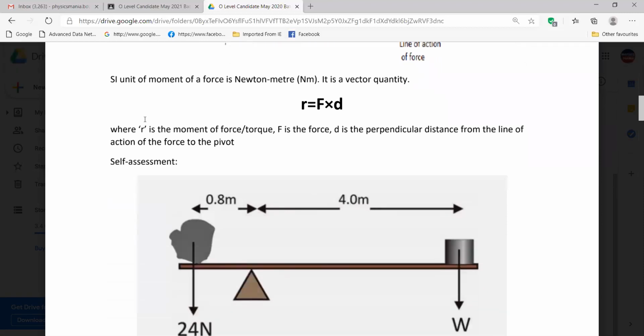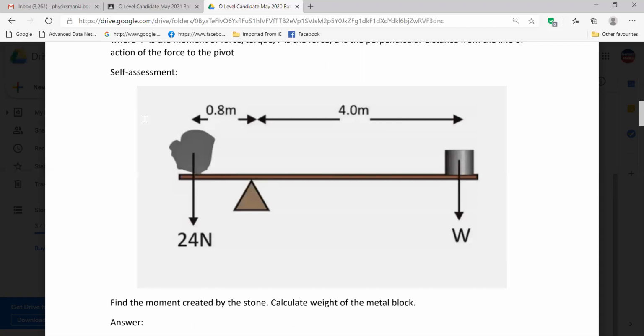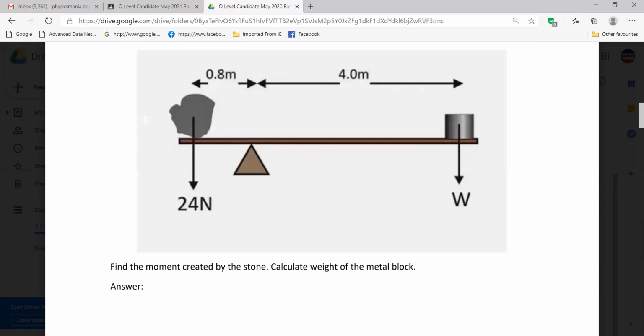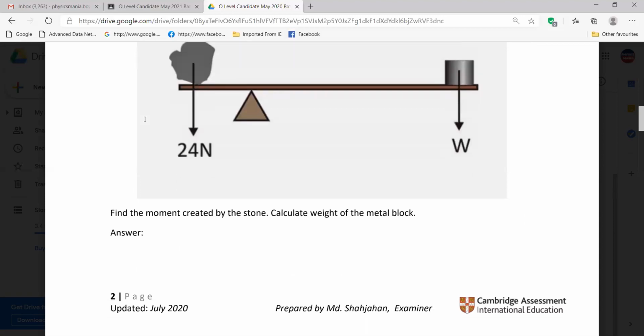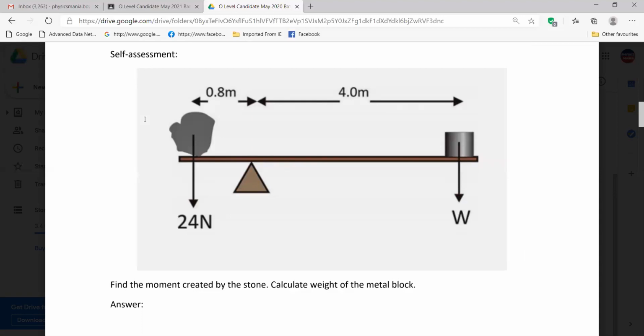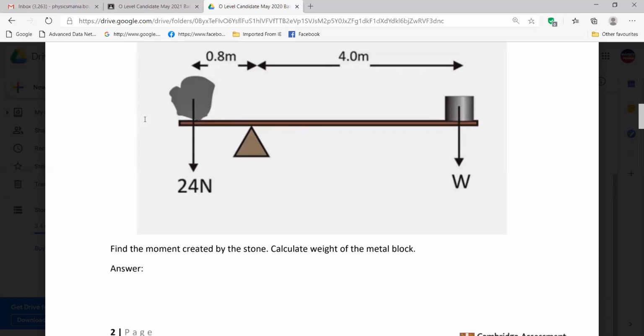Here we have one question. Find the moment created by the stone. Calculate the weight of the metal block. So can you do it?